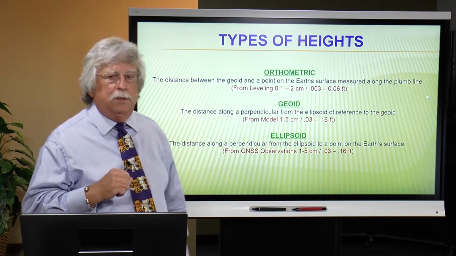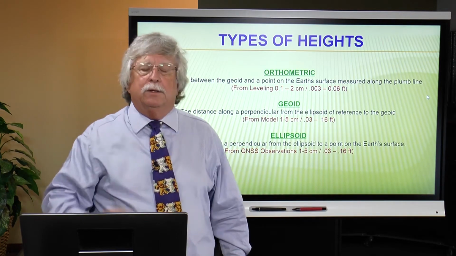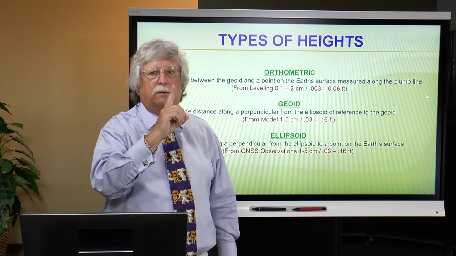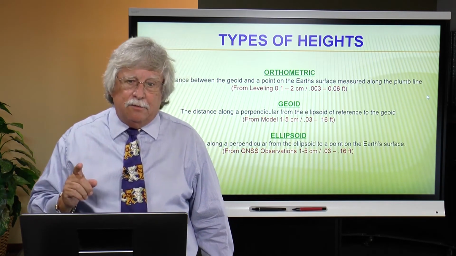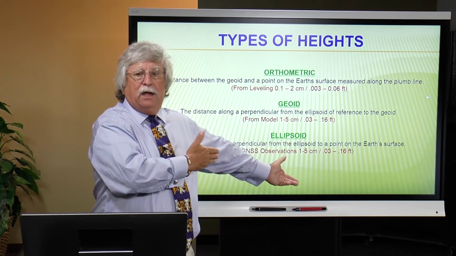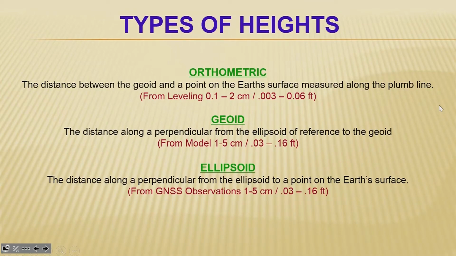Remember, that's important. So if my requirement is a height to no worse than 1 centimeter, can I get it with GNSS? Well, let's look at the numbers. How well can I determine my ellipsoid height? Maybe 2 centimeters? Well, right there, I'm already a centimeter over. And then how good is the geoid model in whatever community you're working in?